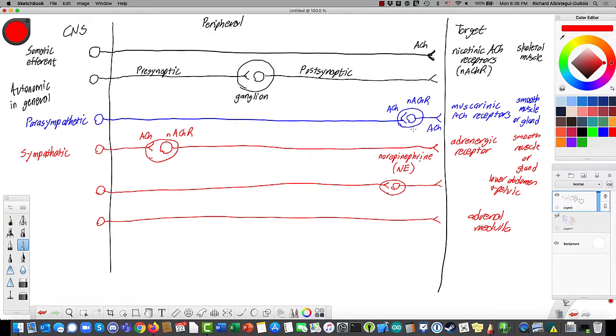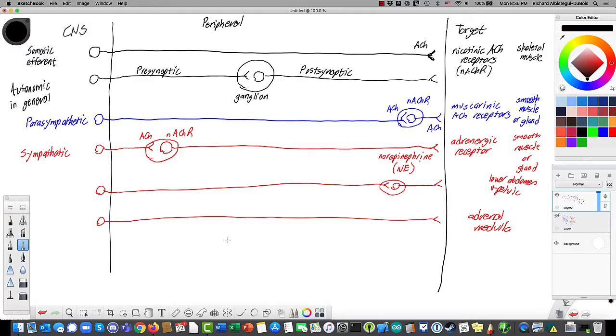They meet at a ganglion somewhere out in the body. And the preganglionic cells always use acetylcholine as their transmitter. The postganglionic cells in the parasympathetic pathway use acetylcholine. In the sympathetic, they use norepinephrine. And targets from the parasympathetic have muscarinic receptors there. Targets from sympathetic will have adrenergic receptors.